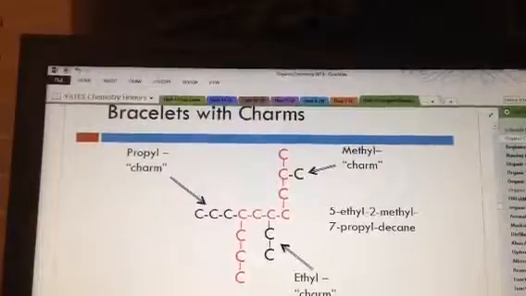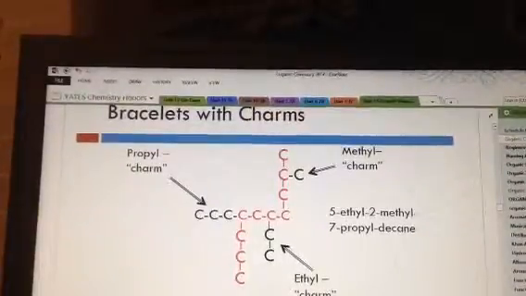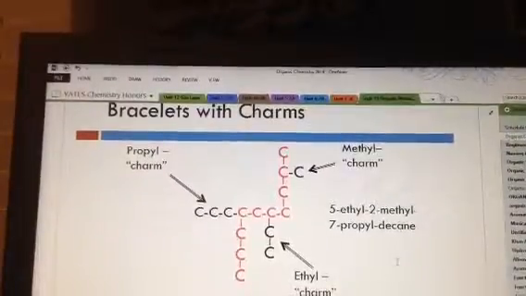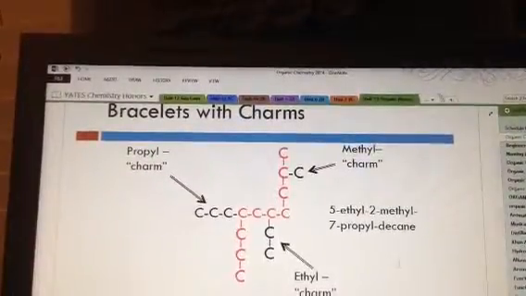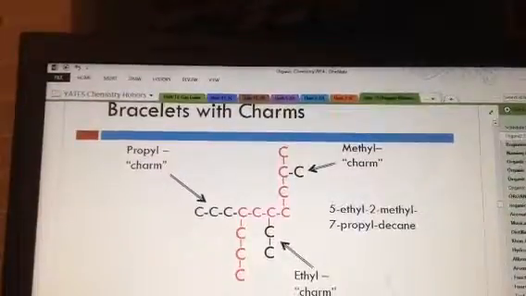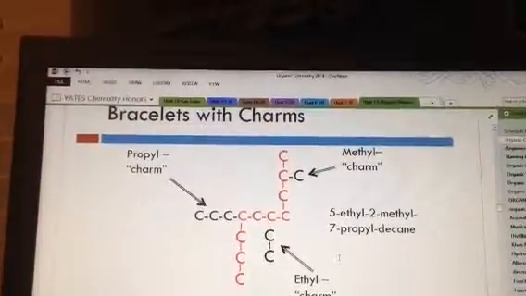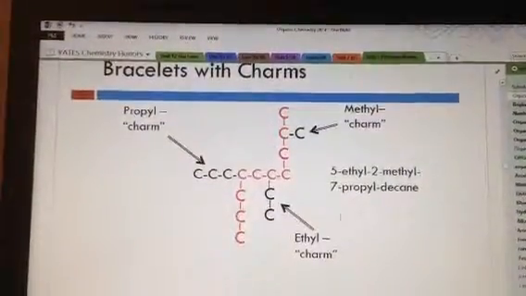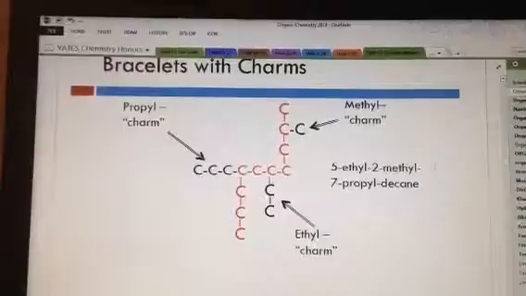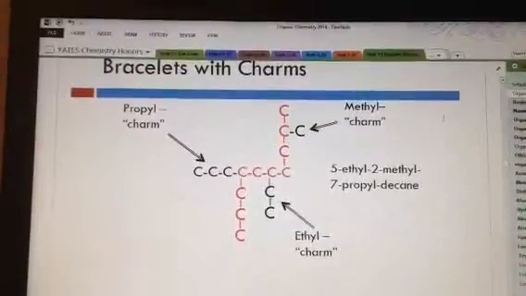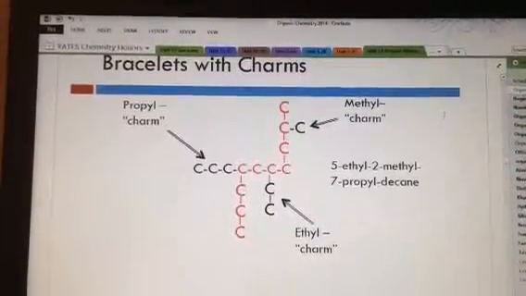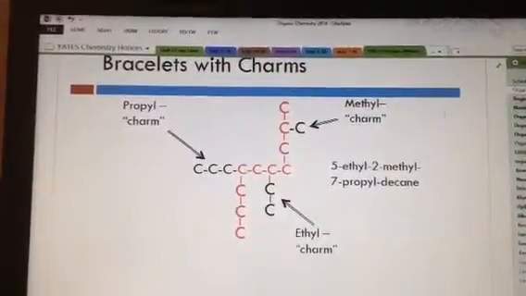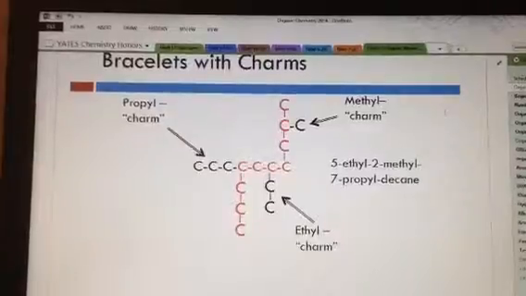That would be higher than 2, 5, and 7. Therefore, we number them in the order which gives them the lowest score, and then we list that in the order alphabetically. I hope this helps with your naming of both chains with branches and determining how to list them once you know their name.